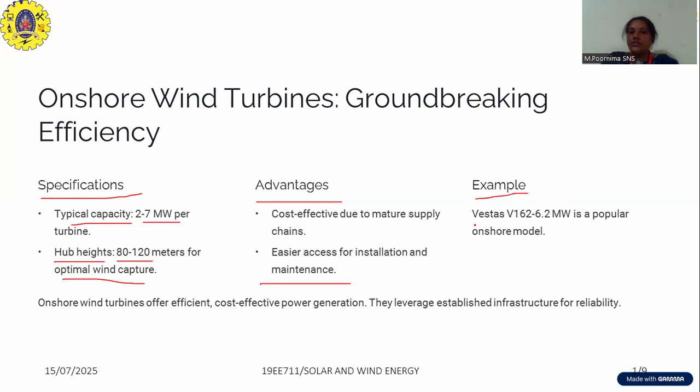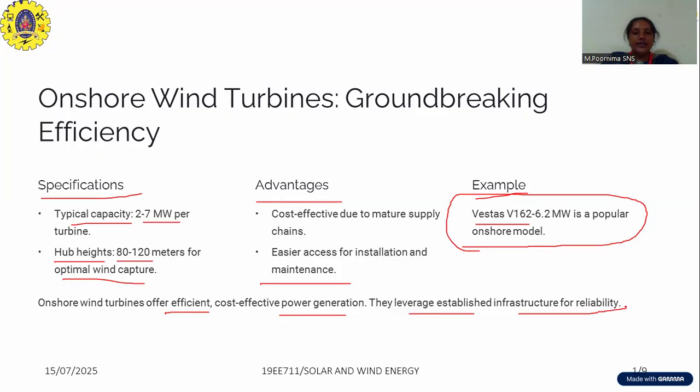An example is Vestas, the V162-6.2, which produces 6.2 megawatts, a popular onshore model. So onshore wind turbines offer efficient, cost effective power generation. They leverage established infrastructure for renewables.